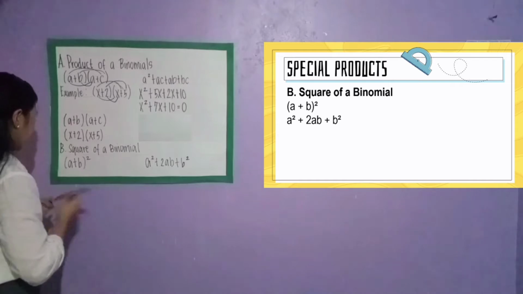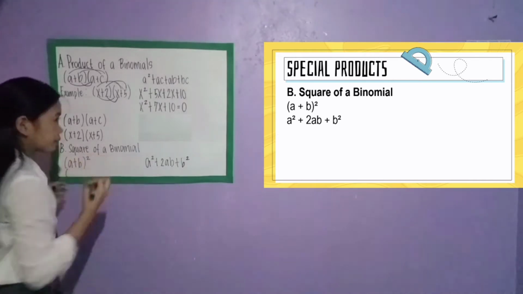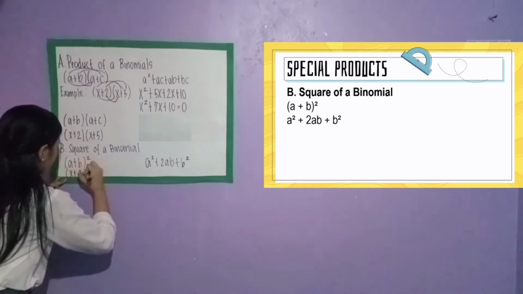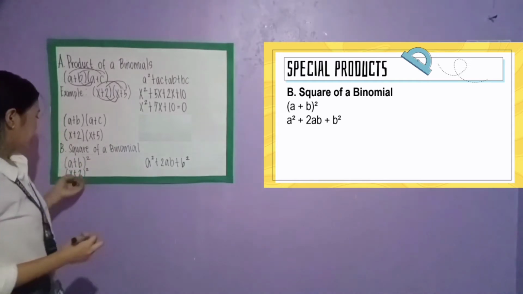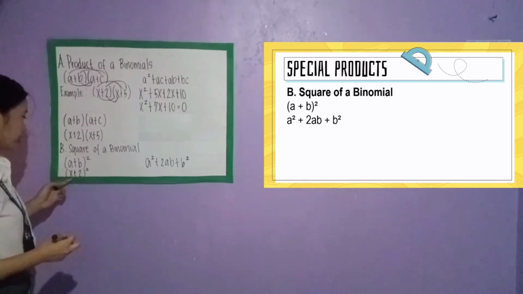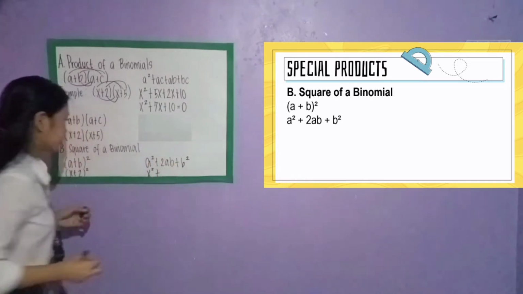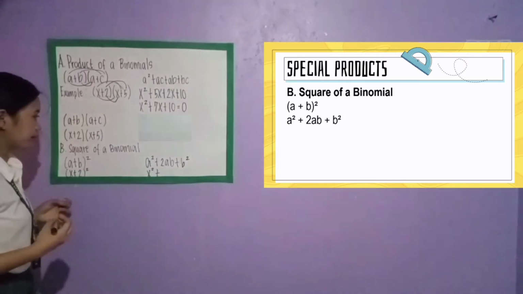For example, we have here a given of x plus 2 squared. So all we have to do is square the first term, x squared, plus twice the product of a and b.